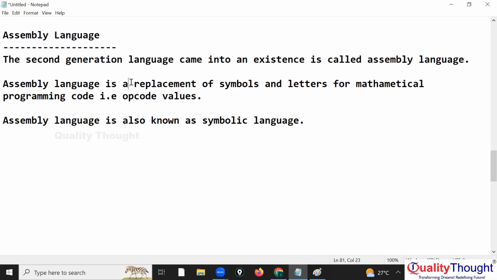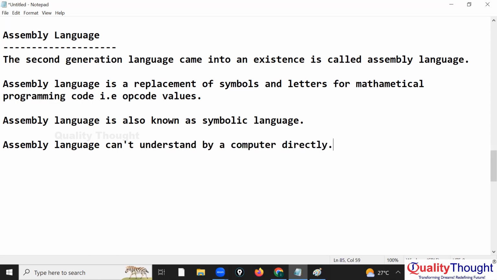Machine language. Now we are working with what language? Assembly language. So assembly language will be understood by computer directly, huh? No. Here we require translators. Understood my point here now? So let me say, assembly language can't be understood by a computer directly.